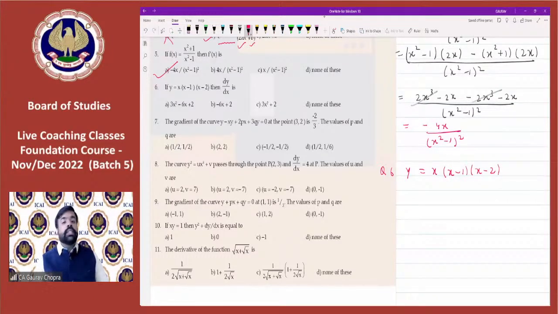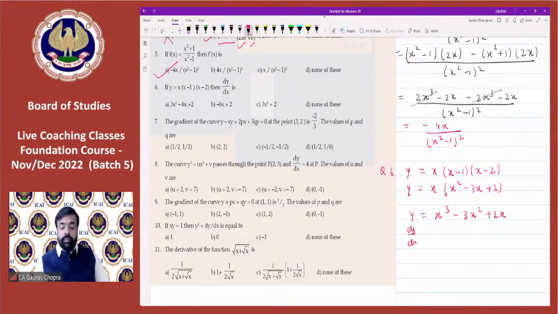So first step is let's multiply all these three. So x into x is x square, then minus 3x plus 2. Then again we have to multiply with x, so it becomes x cube minus 3x square plus 2x. So this is y.